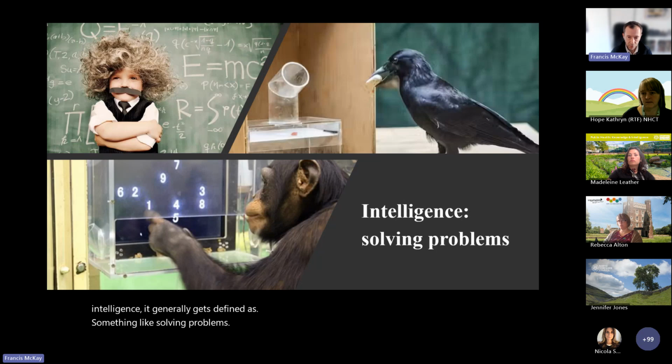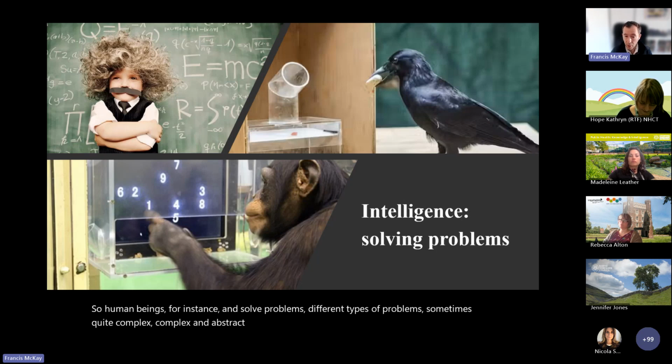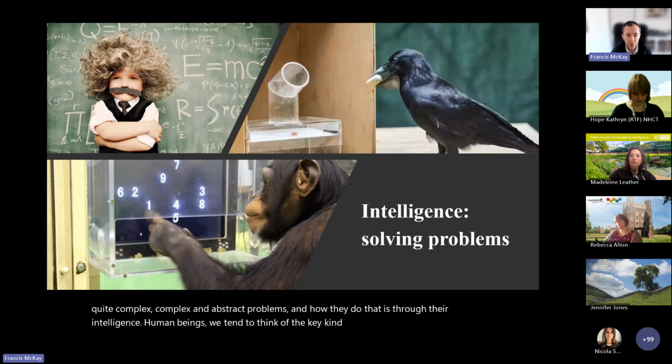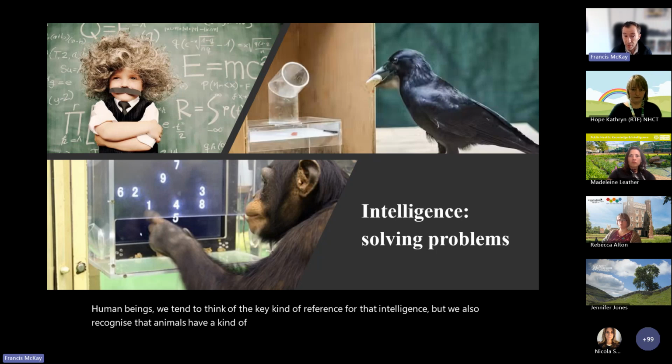Human beings, for instance, solve different types of problems, sometimes quite complex and abstract, and how they do that is through their intelligence. Human beings are the key reference for that intelligence, but we also recognize that animals have a kind of intelligence, and sometimes we even test for that through different experimental setups, as you can see here.